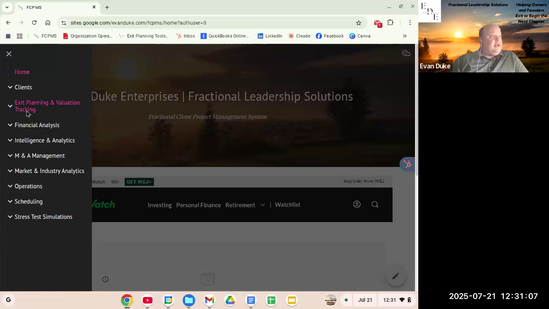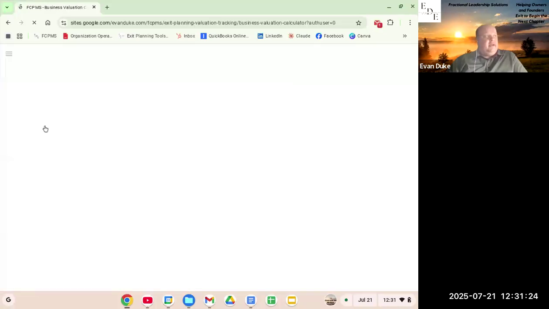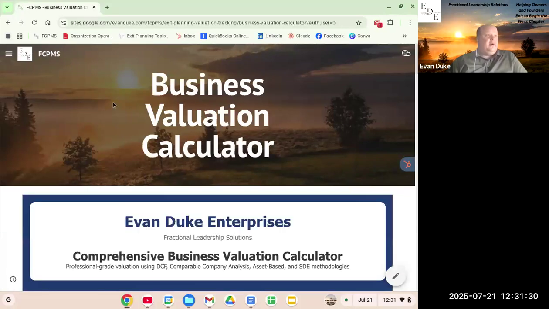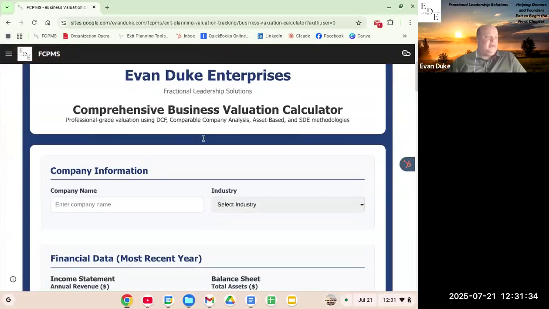So let's start out by taking a look at this module, the exit planning and valuation. And what you'll see is there are 2 areas underneath this: business valuation calculator and the value driver analysis dashboard. Now, if you are familiar with our exit planning tool suite, what you're going to discover is there are a lot of similarities with this business valuation calculator and that.